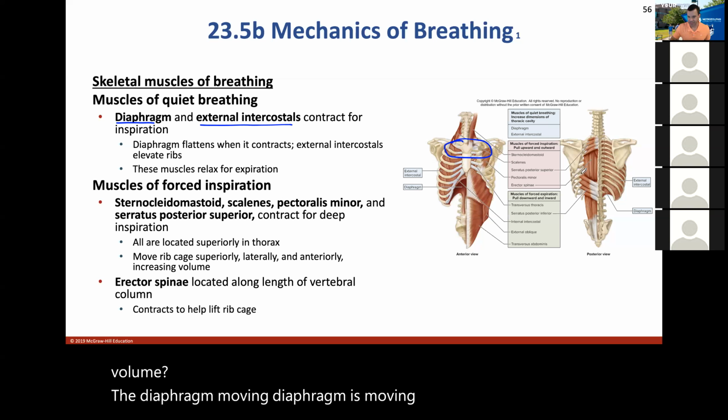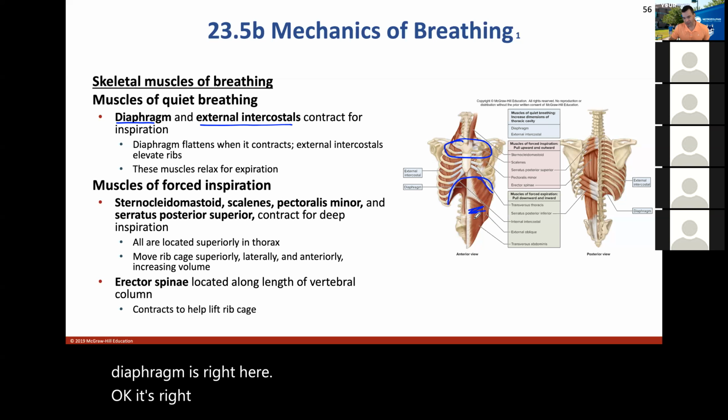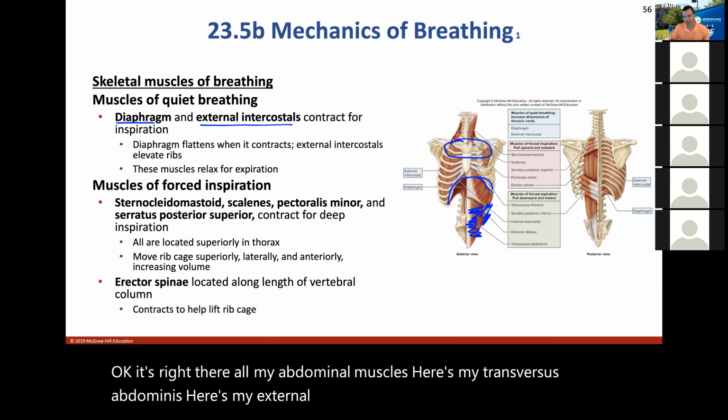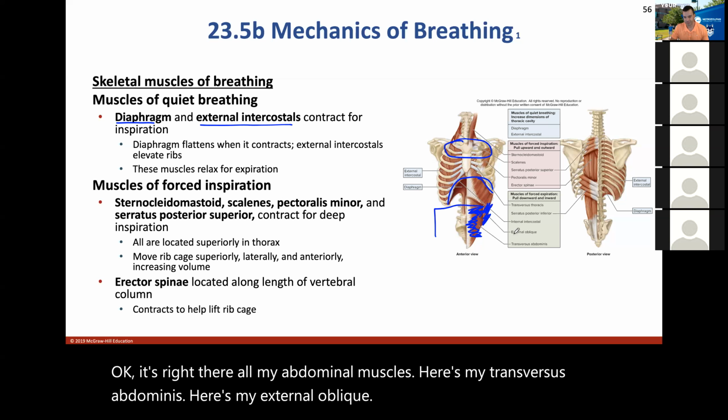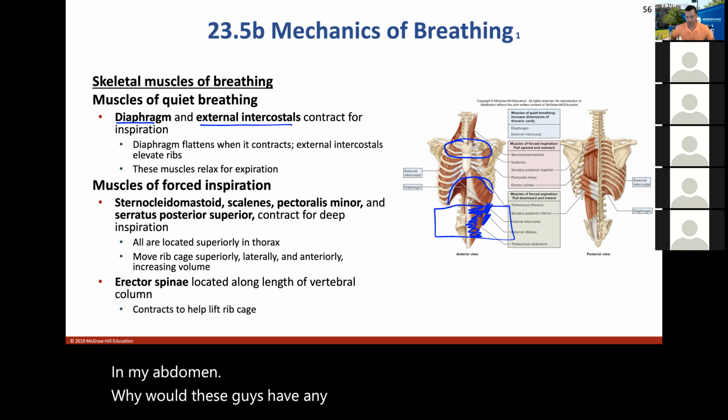But again, the diaphragm's right here. Okay, it's right there. All my abdominal muscles: here's my transversus abdominis, here's my external oblique. They are down here in my abdomen. Why would these guys have any effect on changing the thoracic cavity volume?